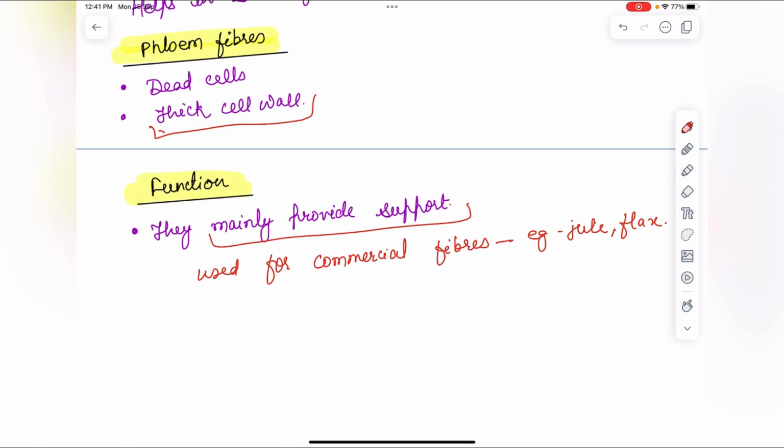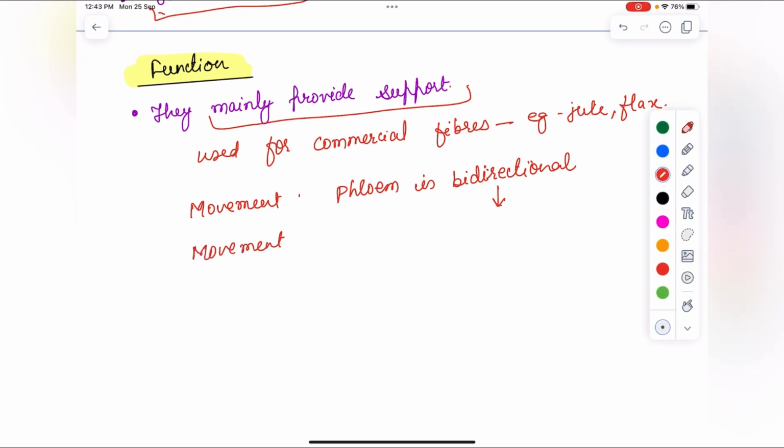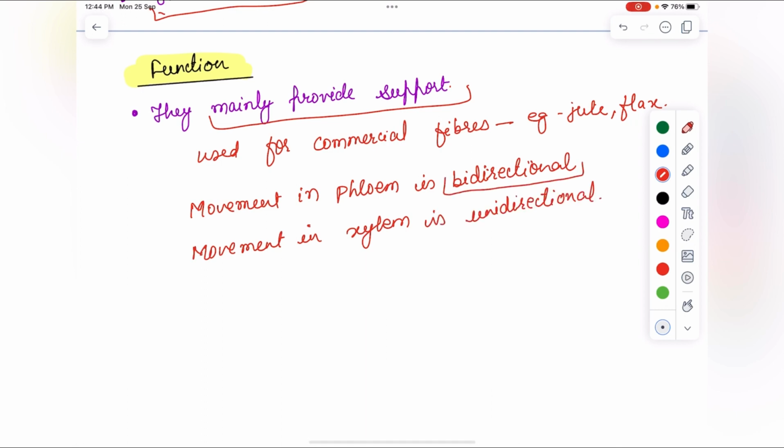Movement in phloem is bidirectional, meaning it will flow in both directions, and xylem is unidirectional, meaning upward.